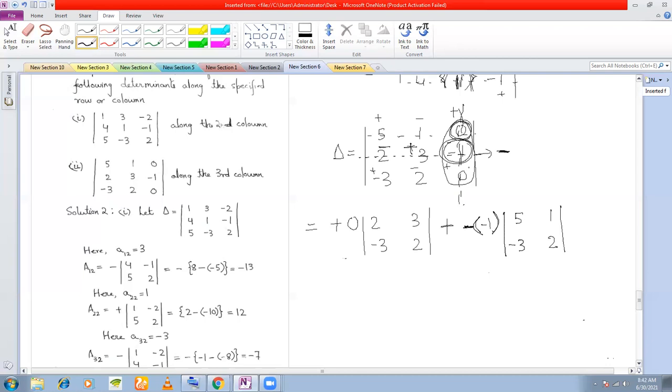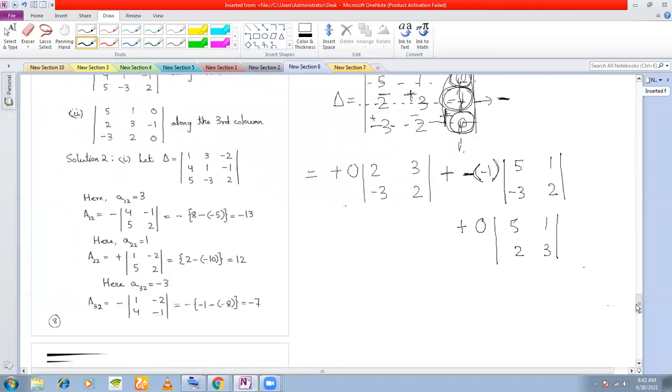And next you choose this element here, plus. What is the sign here? It is a plus sign. So 0 into its minor. What is the minor of this 0? You cancel out this row, you cancel out this column. What will you get? You get 5, 1, 2, 3. This, right?